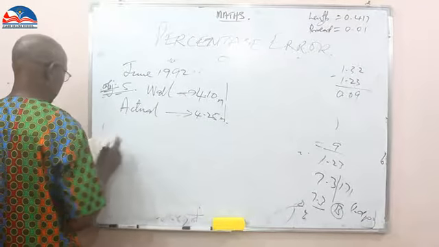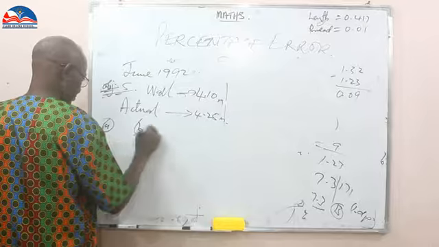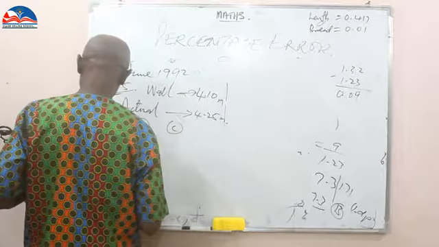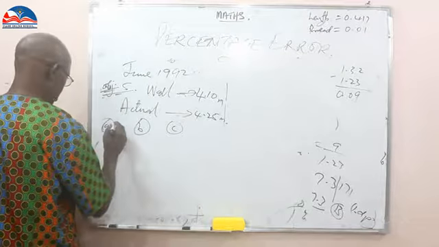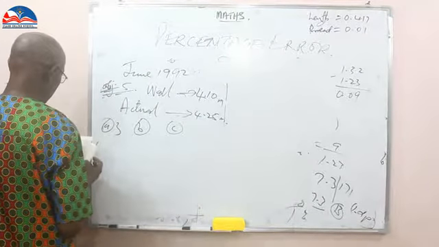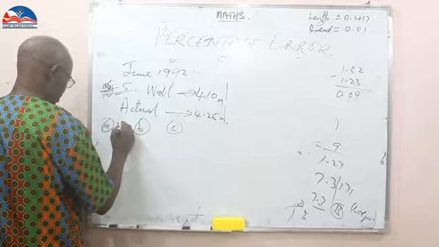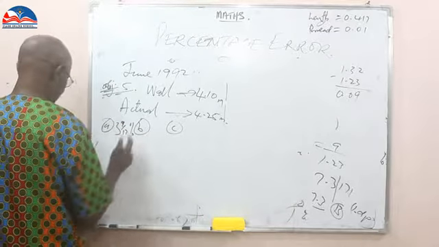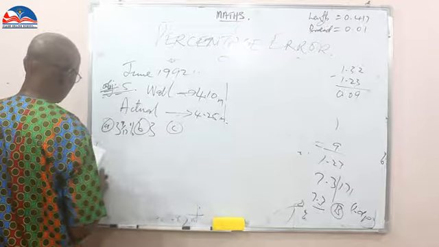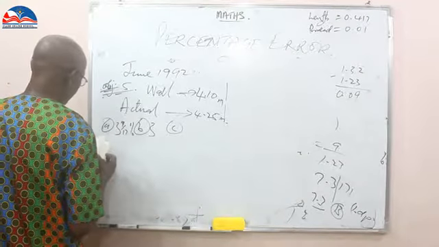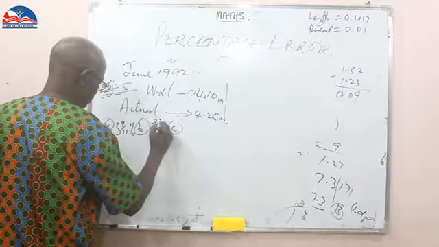Percentage error equals what? A says 3 whole number 9/17%. B says 3 whole number 27/41%.